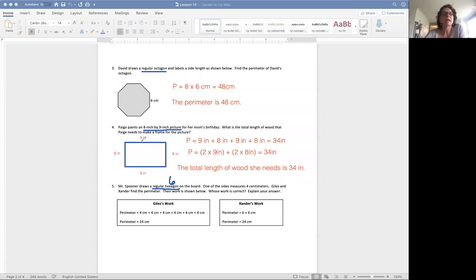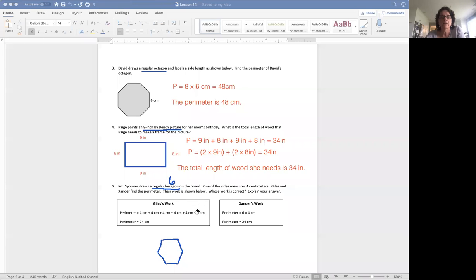Let's draw a hexagon just to help us picture this shape that Giles and Xander are working with. So the way I like to draw a hexagon, boys and girls, is I like to draw 2 trapezoids without the middle line, okay? If you wanted to draw 2 trapezoids like this, and then just erase your middle line, you can do that as well.